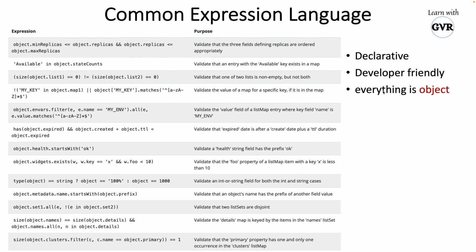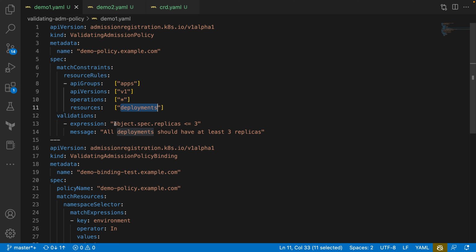Other than object, there is also oldObject, request, and parameters. Object is the current object. OldObject is for whenever you are modifying a deployment and you want to know the old value. Let's say I want to put an expression: my old value is 2, you cannot increase from 2 to 5.